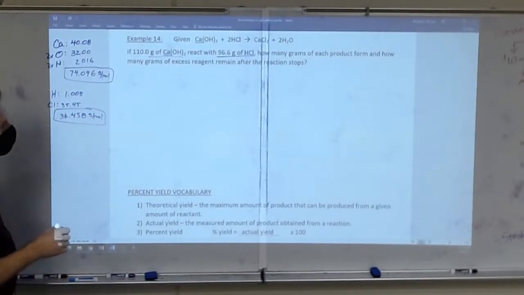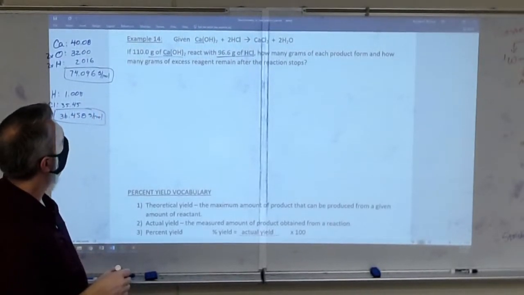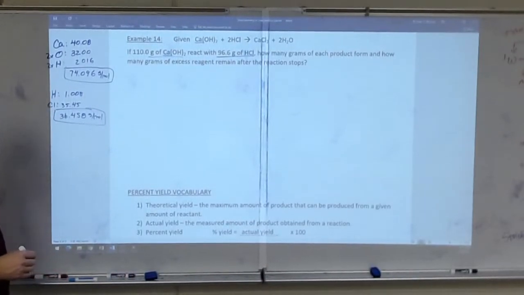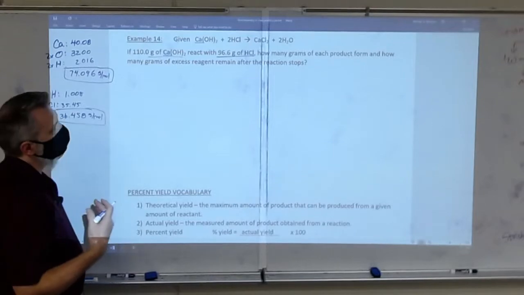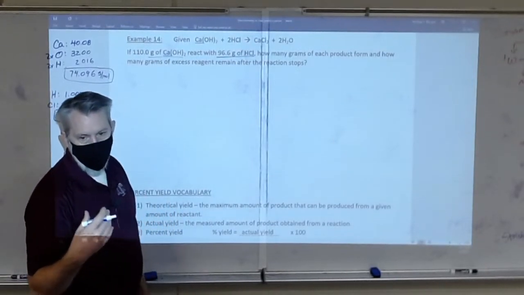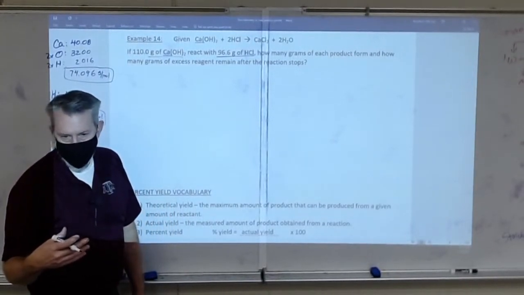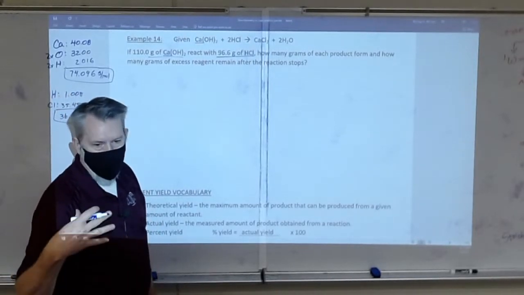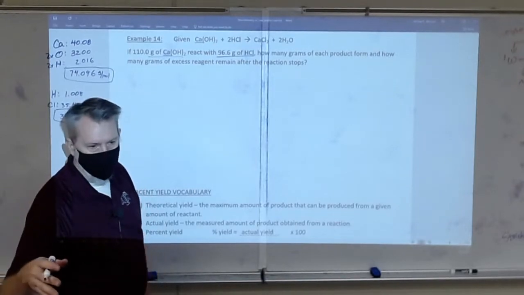How many grams of each product form, and how many grams of excess reagent remain after the reaction stops? So we will eventually need to do this twice. To start with, to determine the limiting reactant, I'm just going to pick one of the products and do that first.